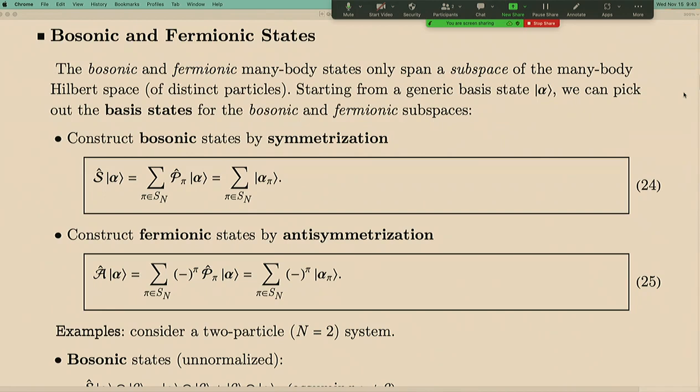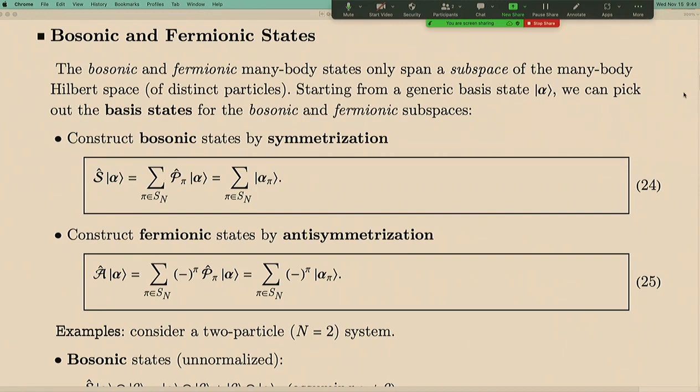The way the symmetrization operator works is that it applies the permutation operator to the state and then sums over all the possible permutations that you can perform for an n-particle system. Another way of writing it is that if you give me any alpha, I can enumerate all the possible new sequences, labeled by alpha pi, which is related to the original sequence alpha by the permutation pi, where pi is summing over all the possible permutations.